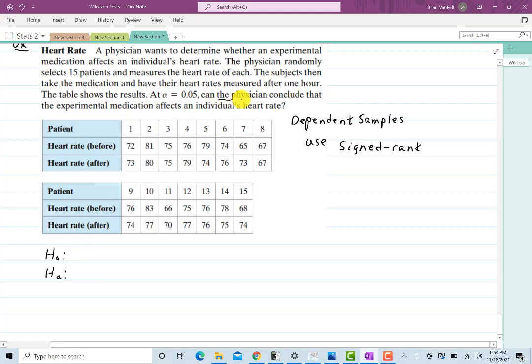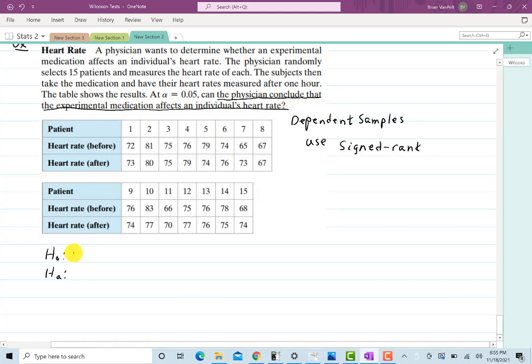Can the physician conclude that the experimental medication affects an individual's heart rate? It doesn't say whether it's supposed to go up or down. It just says that whatever it was before is different than whatever it was after. So we can do this.